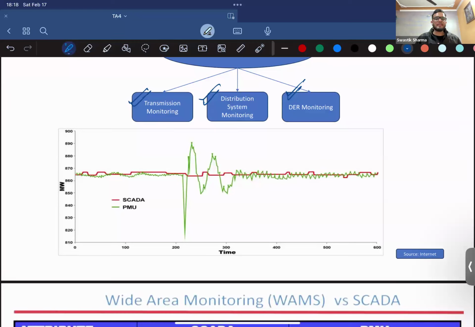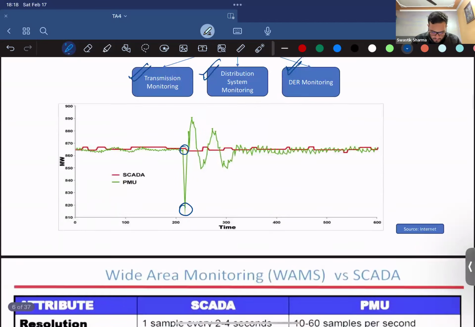It's the sampling that tells you how the transients are occurring in the system. Let's say, for example, this is a transient. Not huge for the system, but it's a transient, right? SCADA was not able to tell how big this transient was, but PMUs are. So it's the resolution of the PMU that helps in doing this.